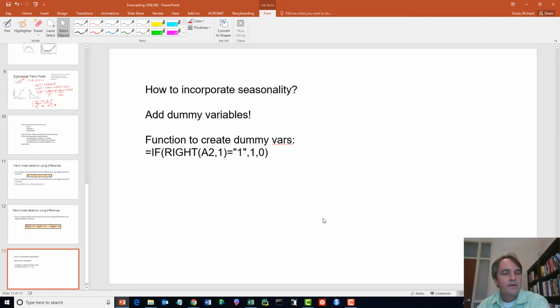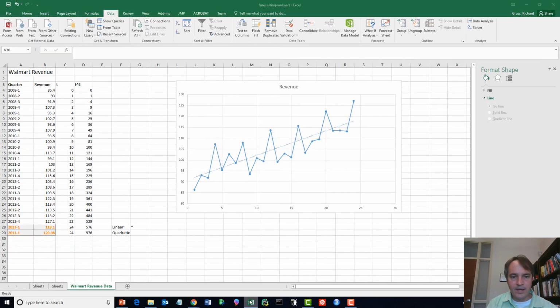Okay. Now, the last thing we want to do then is see if we can improve our Walmart revenue forecast by incorporating this obvious seasonality here.